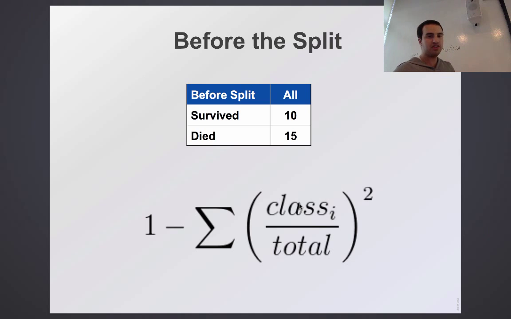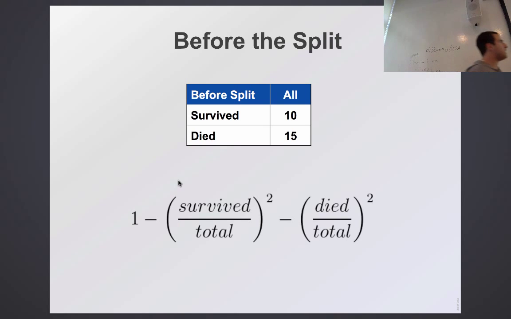So what I'm going to do is 1 minus however many people are in each class, the proportion squared. For this example, it's 1 minus the survived divided by total squared, minus how many people died divided by the total squared. This will give me the Gini index between 0 and 1.